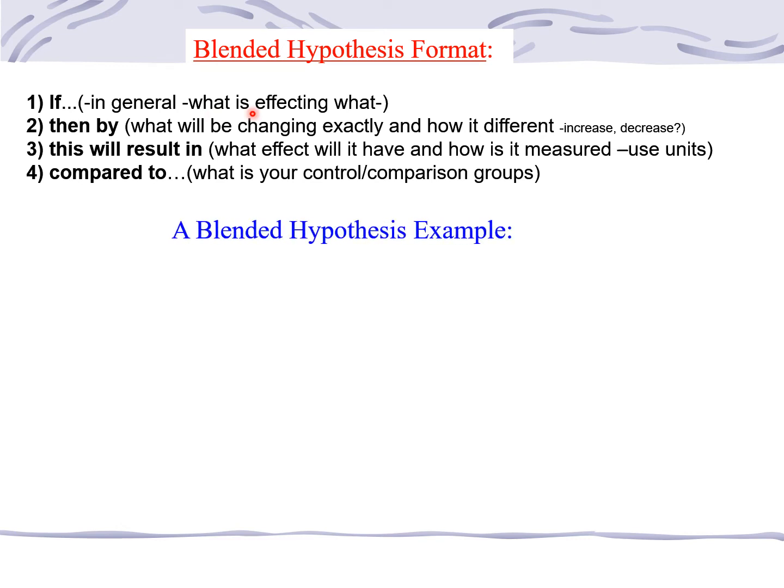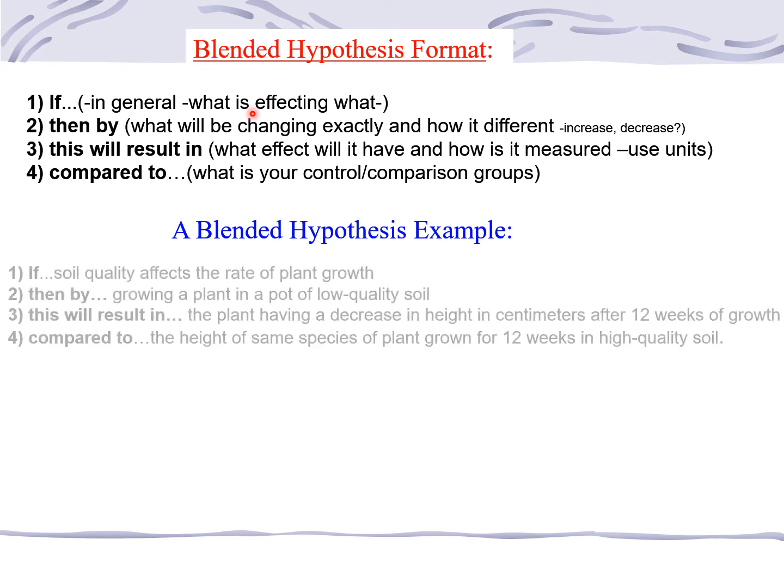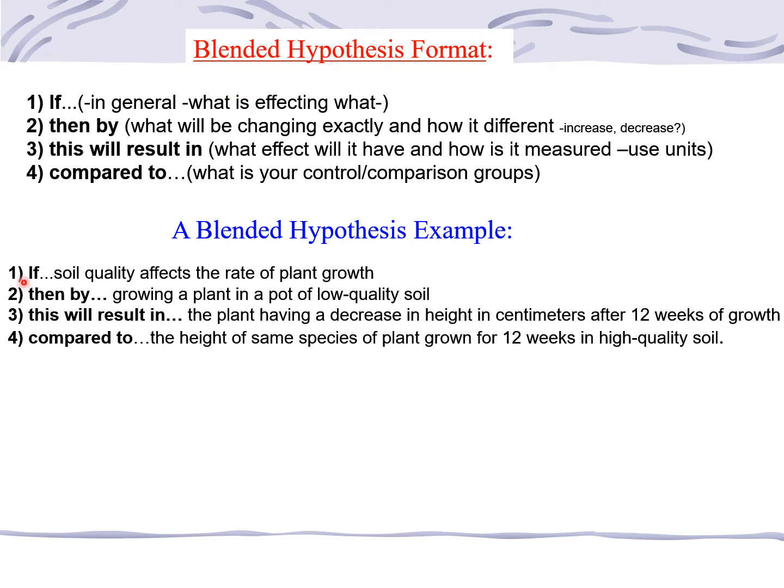So here's an example, and I'm going to use that same if-then idea that I showed you on the last one about plants and soil quality. So if soil quality affects the rate of plant growth, notice I'm being very general here. I'm not saying how it affects it. I'm just saying if soil quality affects the rate of plant growth, then by growing a plant in a pot of low quality soil, so this is what I'm changing, and because I said low quality, you can see exactly how I'm changing it.